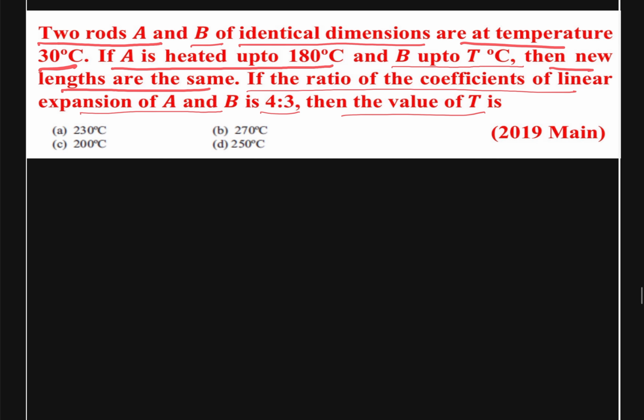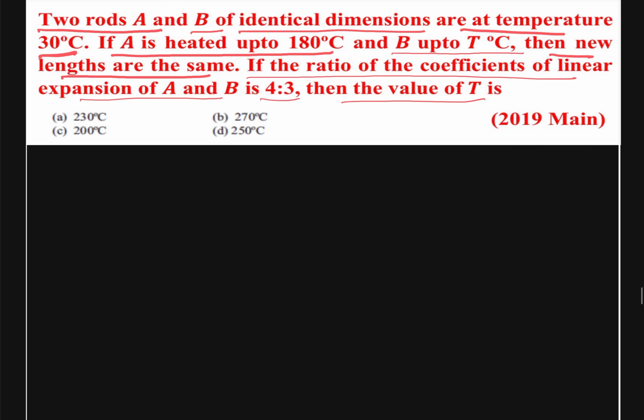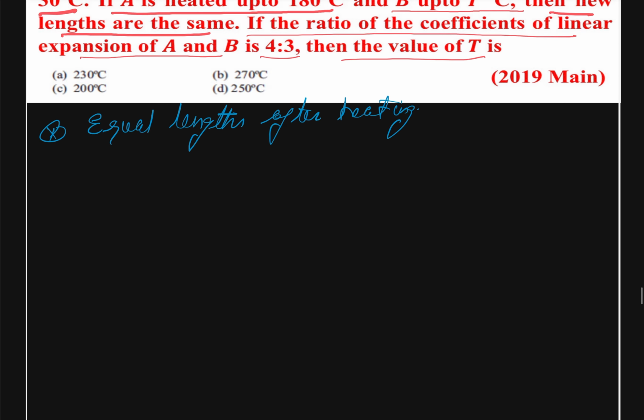So we can just put the standard formula. Given equal lengths after heating, our LA prime will be equal to LB prime.